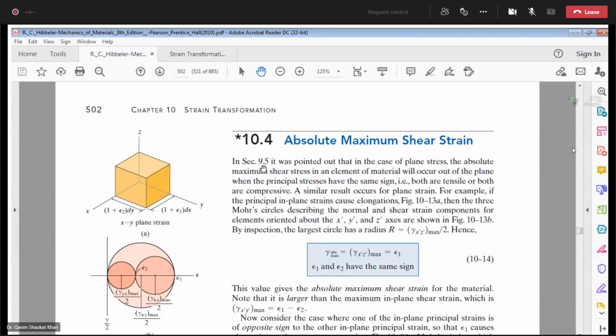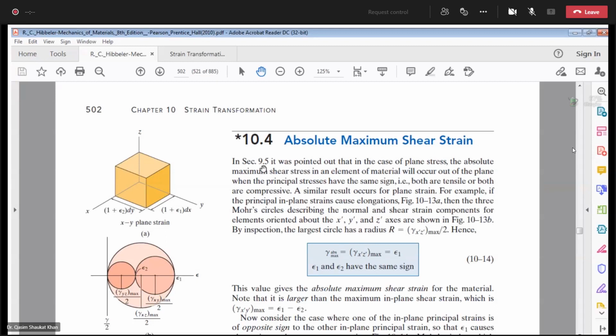It was pointed out that in the case of plane stress, the absolute maximum shear stress in an element of the material will occur out of the plane when the principal stresses have the same sign.